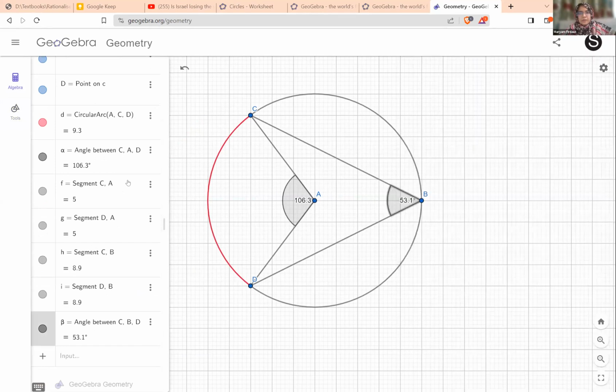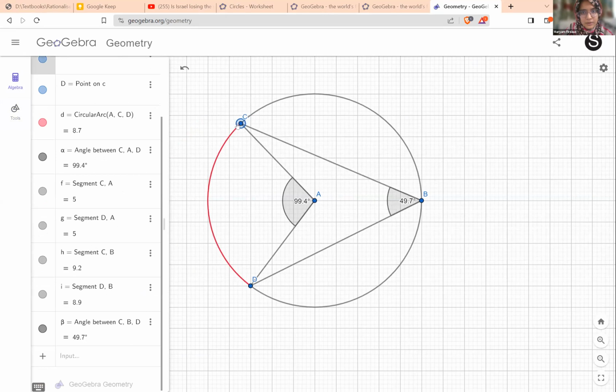Okay. Let me do one thing. Can you see that when I'm moving the point, both of these are getting changed? Can you see this? As I am moving this point, see, the size of the angle is also changing.